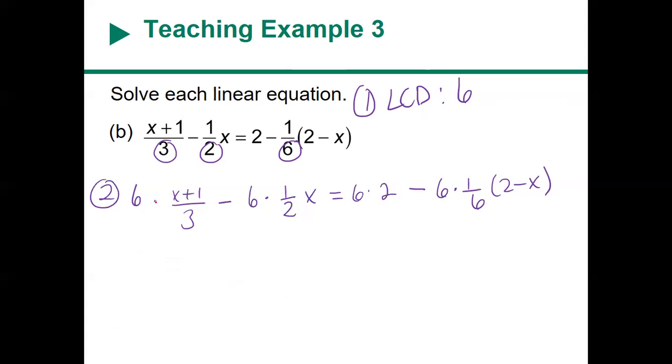Multiplying again means that all you're doing, what is 6 divided by 3? 2. So I'm left with 2 times x plus 1. What is 6 divided by 2? I'm left with 3x. What is 6 times 2? 12. What is 6 divided by 6? 1. And now, do I have a fraction anymore? No.